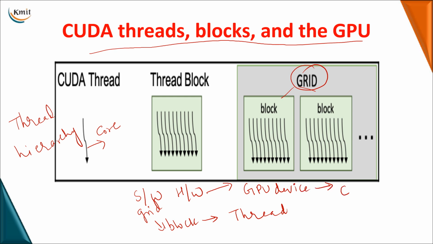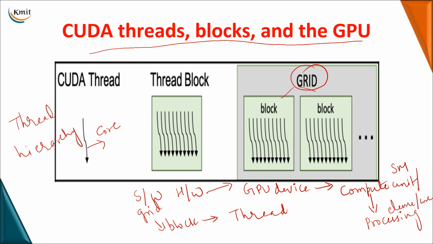and we have a compute unit, or the other name given to the compute unit is nothing but your streaming multiprocessor. And beneath your streaming multiprocessor, we have a processing element, or we can even call it a core.